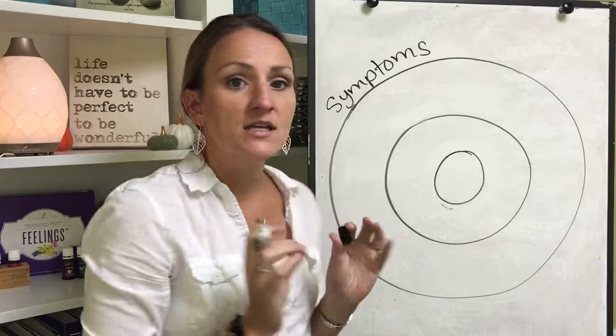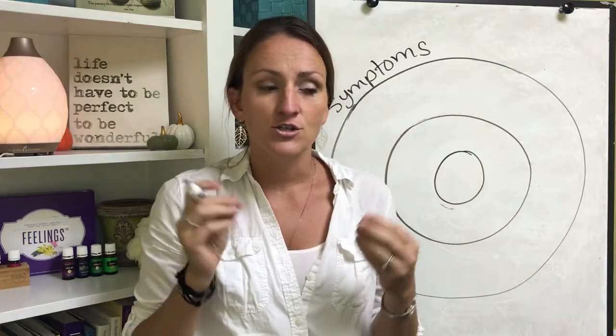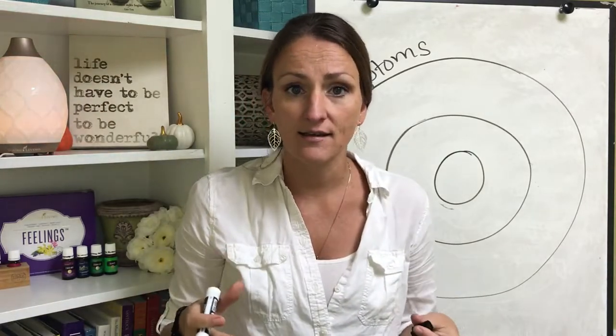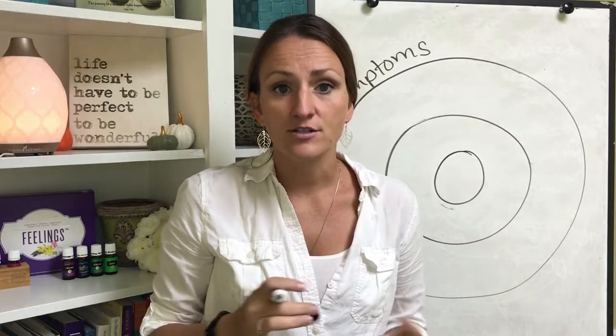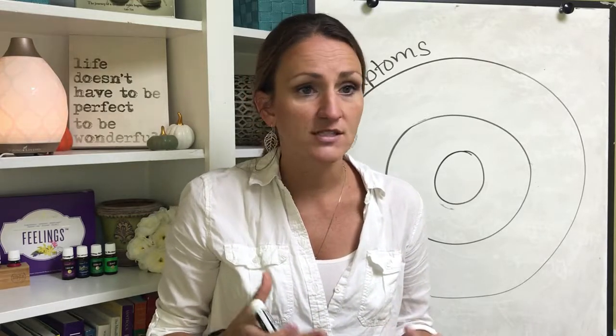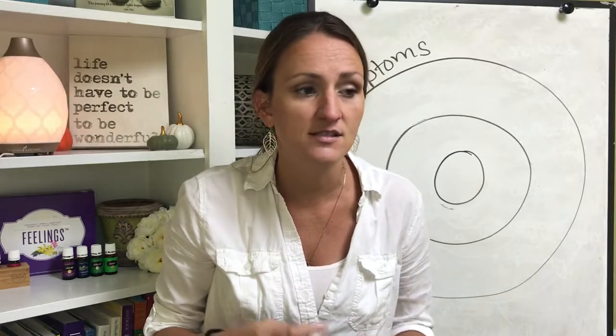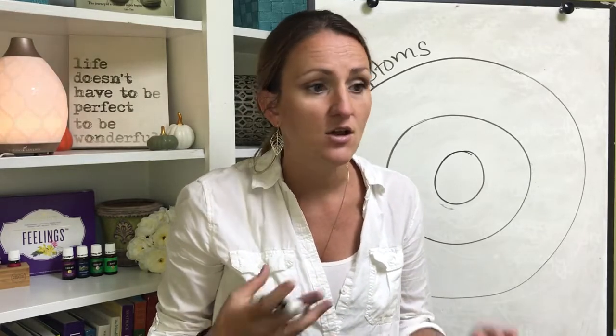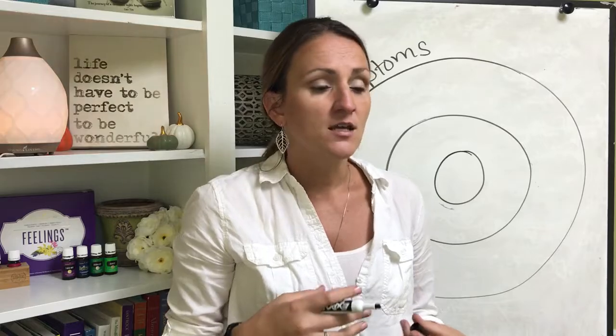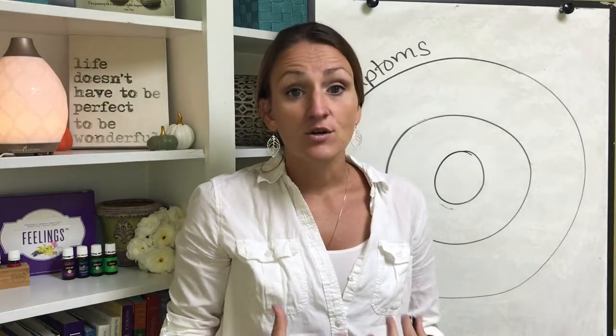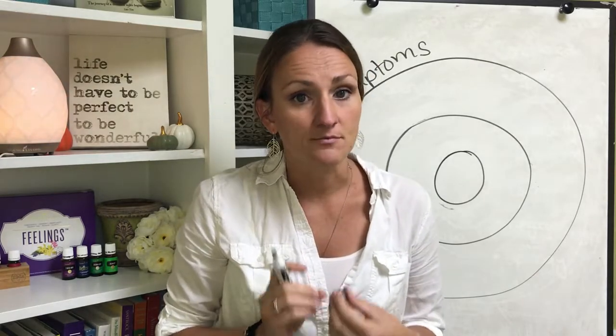The symptom is why you usually seek to get help. You go to the doctor because of symptoms, fever, sniffling, symptoms of colds, symptoms of viruses, symptoms of bacteria in the body, or different ailments. In therapy, usually people come in because they're struggling with a symptom.